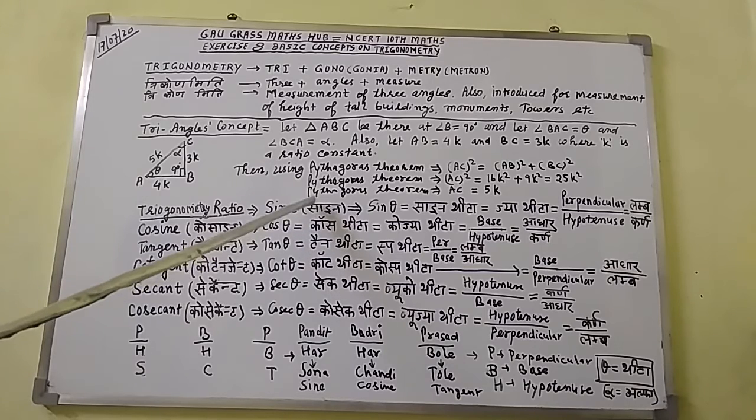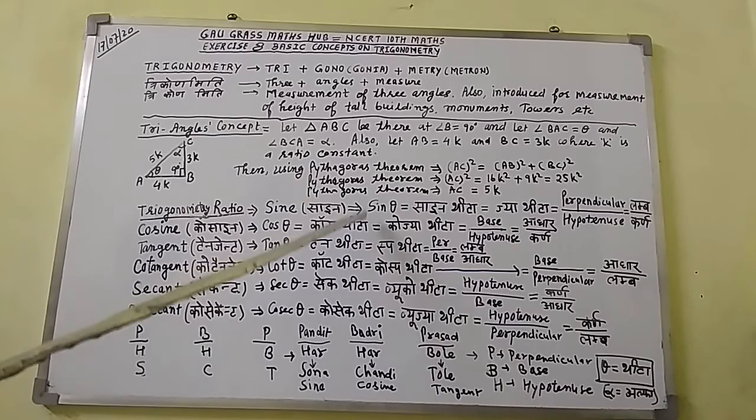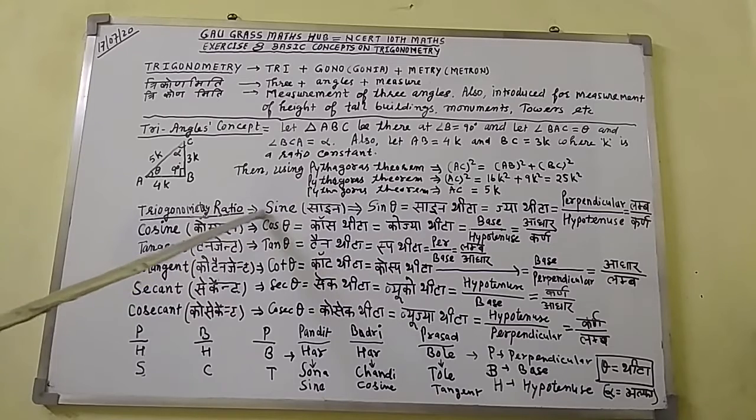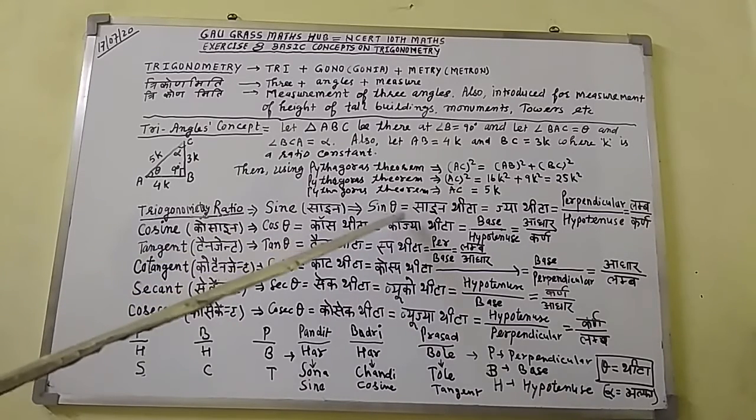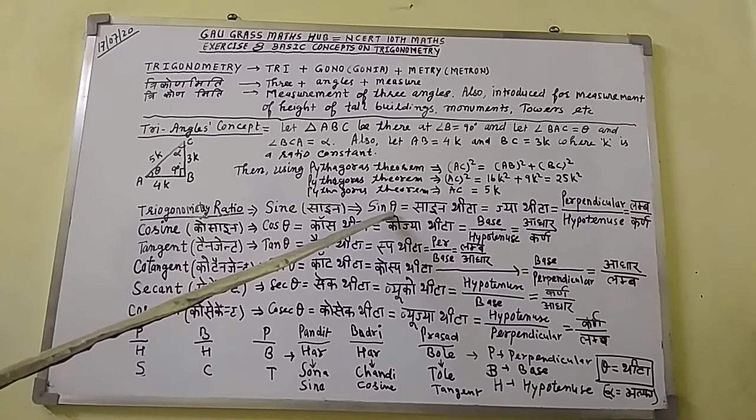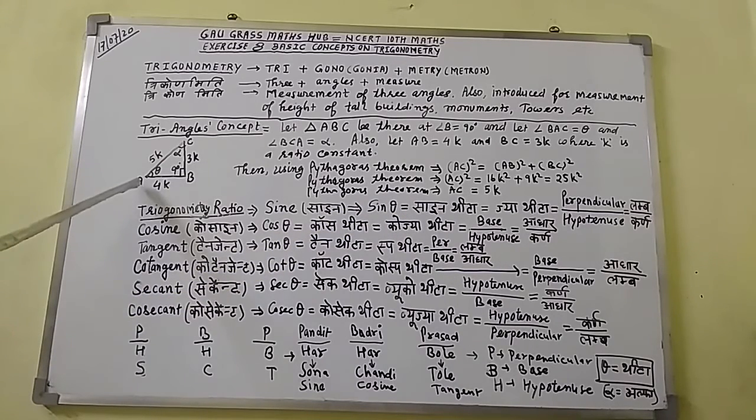Here I have written sine in Hindi. Sine can be written in short form, in abbreviated form, as sin theta. Theta is a Greek letter, and it is the measurement of an angle. Here the angle BAC will be measured by the Greek letter theta.